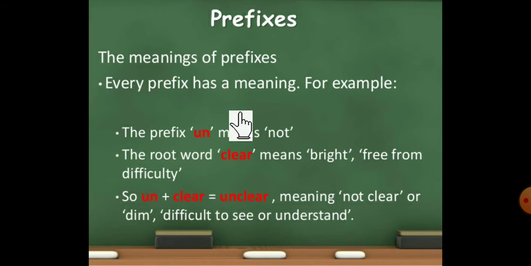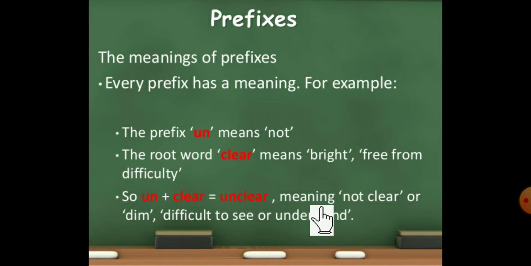Got it? Now again, one example of the prefix. Every prefix has a meaning. For example, the prefix un means what? Not. If we want to add a particular negative meaning to a word, we add un, which means not. The root word clear means bright, free from difficulty. So un plus clear is equal to unclear.